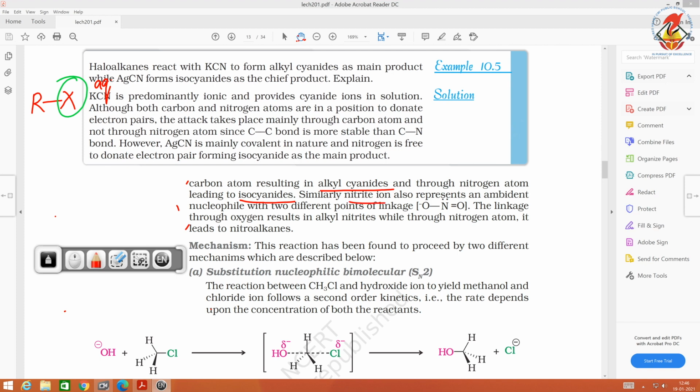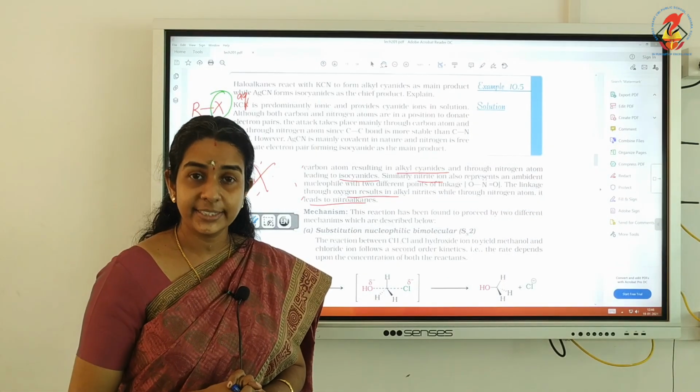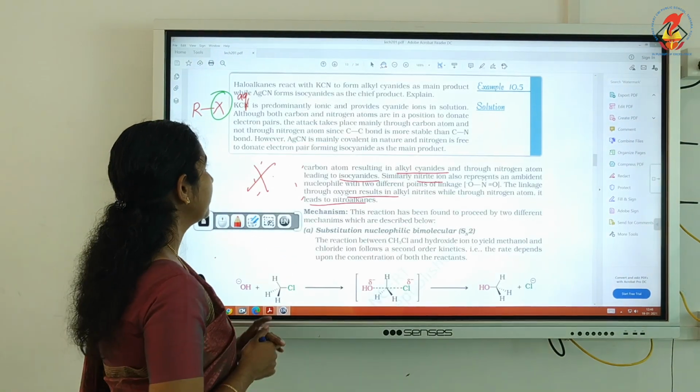Similarly, nitrite ion also represents an ambident nucleophile with two different points of linkage. The linkage through oxygen results in alkyl nitrites, and through nitrogen leads to nitroalkane. So very important points here. Ambident nucleophiles and their examples are a repeated board question.